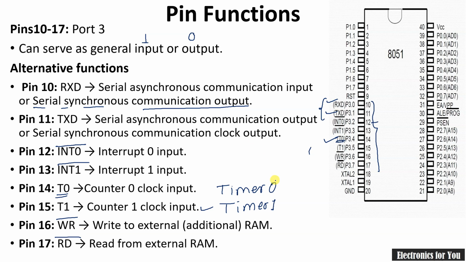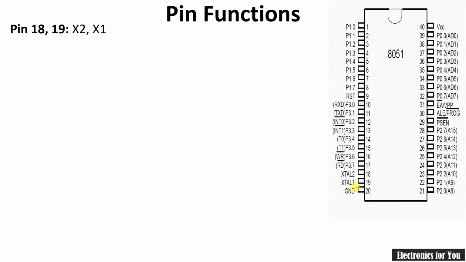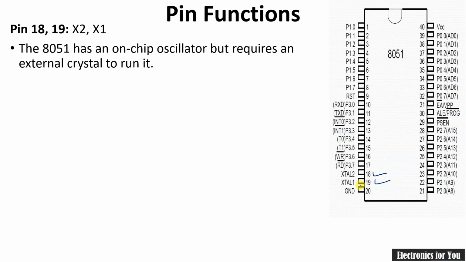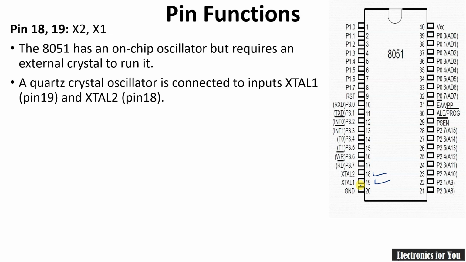Now let's move to the next pins, pin number 18 and pin number 19, that is XTAL2 and XTAL1 respectively. These XTAL pins are actually used for the crystal oscillator.